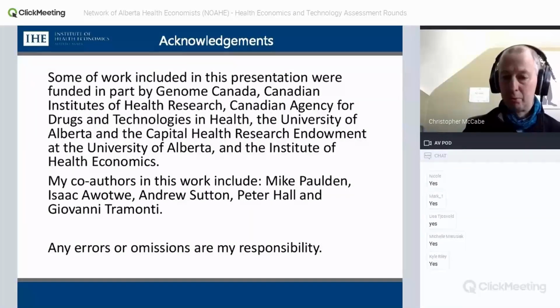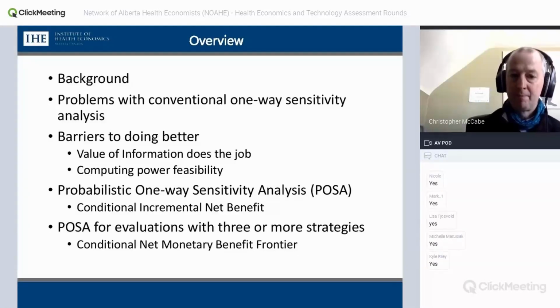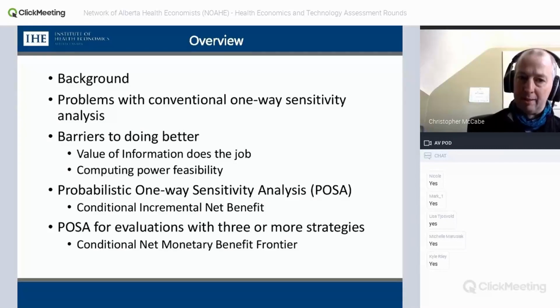So, what are we going to talk about today? I'm going to provide a bit of background, making sure everyone's on the same page, so to speak, about sensitivity analysis and why we need it. Give a quick overview of the problems with one-way sensitivity analysis as it's done conventionally.